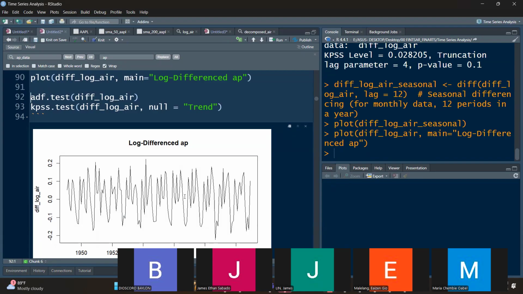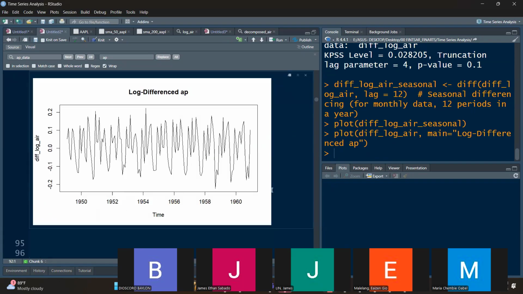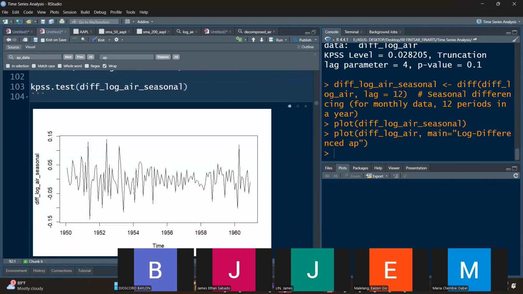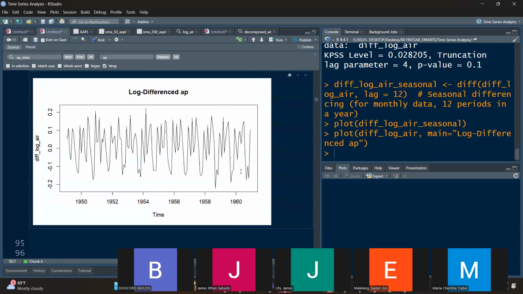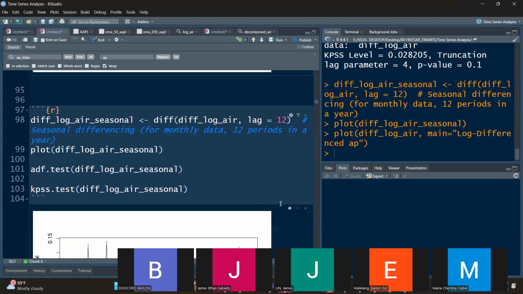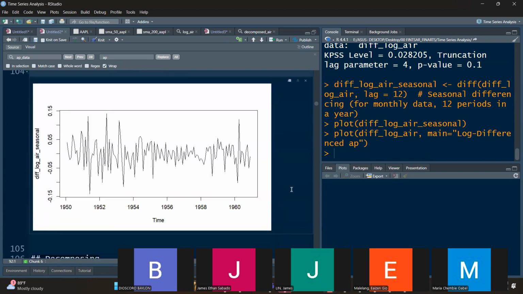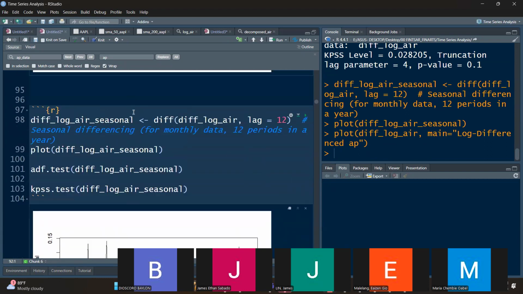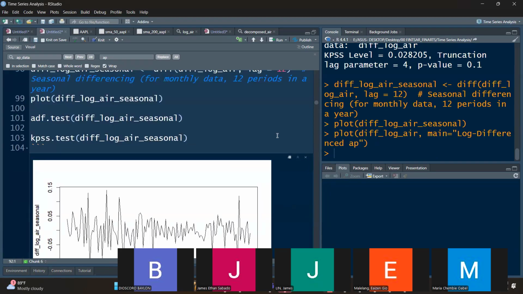You can see here some patterns: up, down, up, down, up, down. There seem to be some patterns here, but compared to this one, where we removed the seasonality, you notice now that there seems to be no pattern anymore. So this is now differencing the season, and we're using lag 12 because this is monthly data.